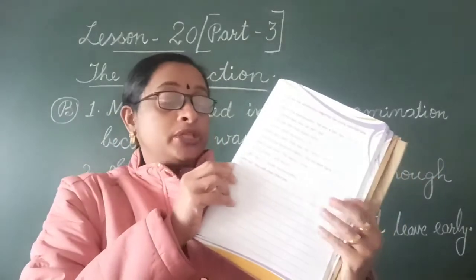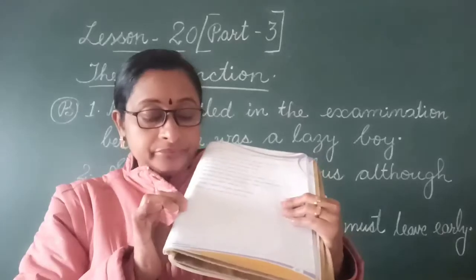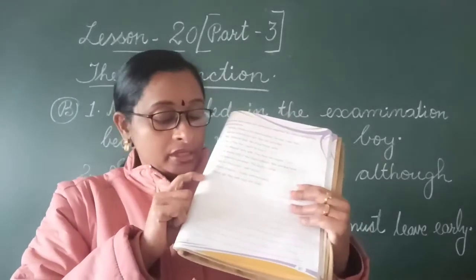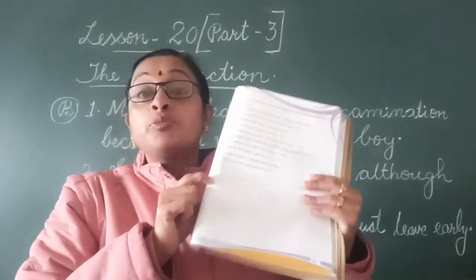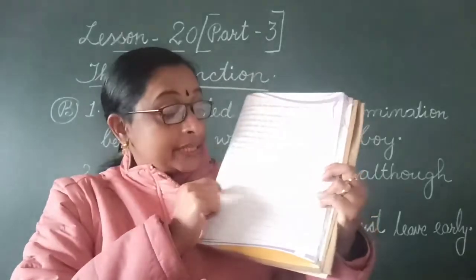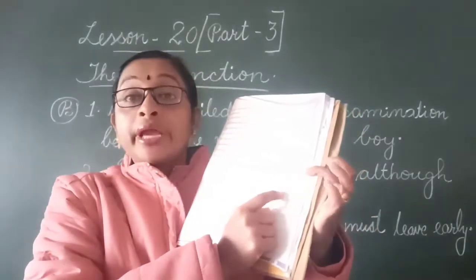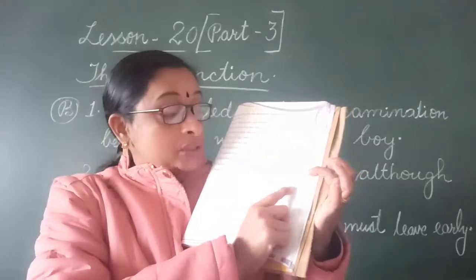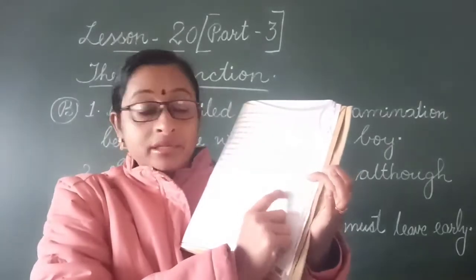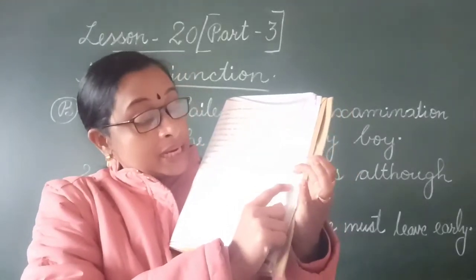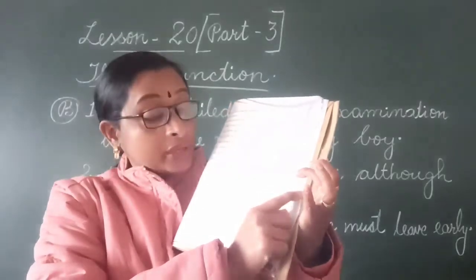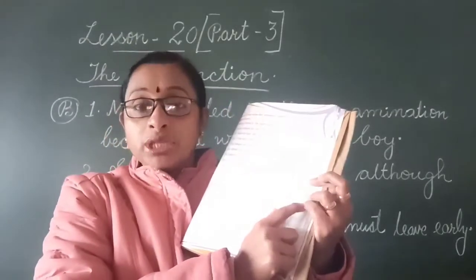Okay. So you will put the numbers here, sideways, and then you will write the sentence. You can take a scale and draw the line till the last page. Okay. Till there you can draw the line.